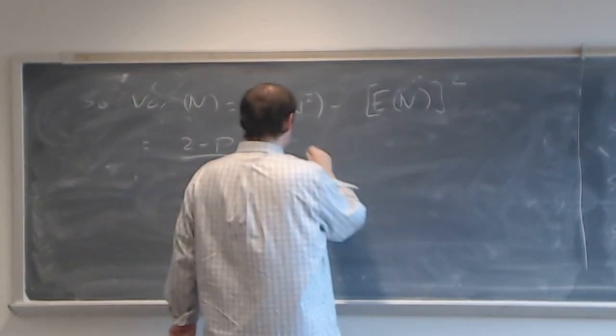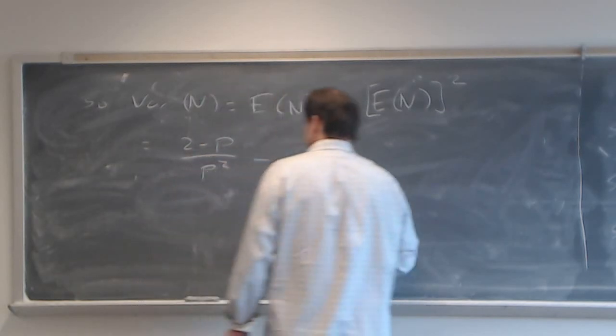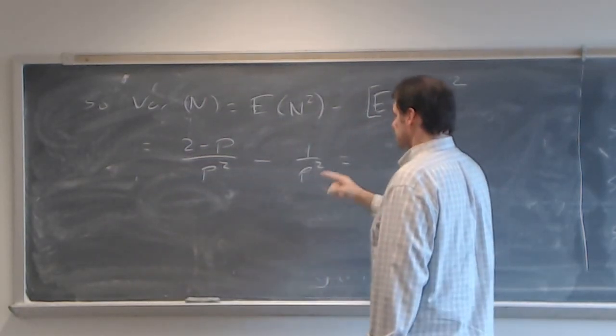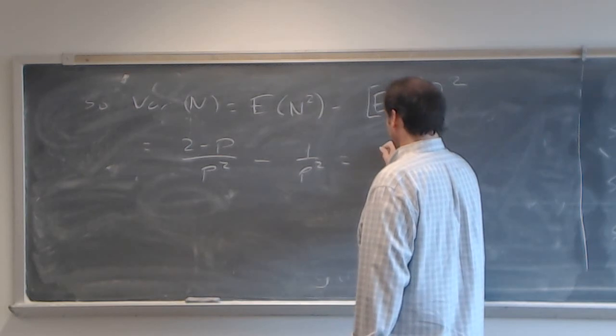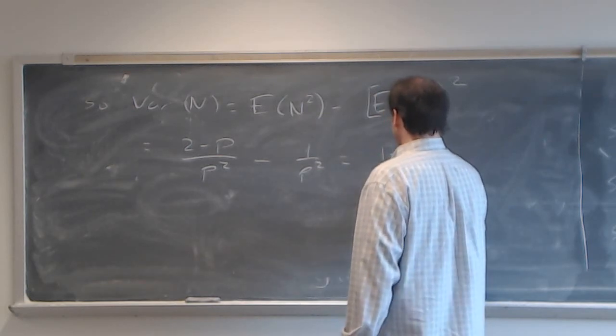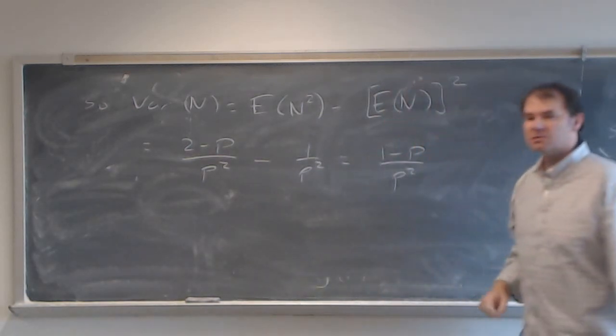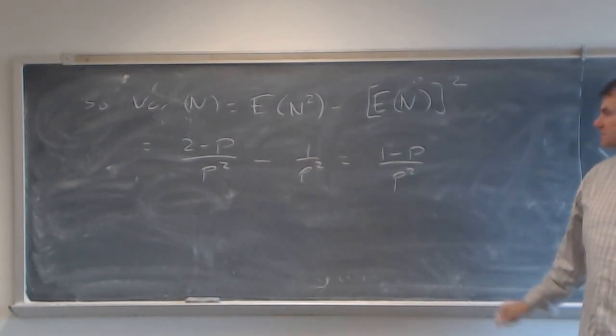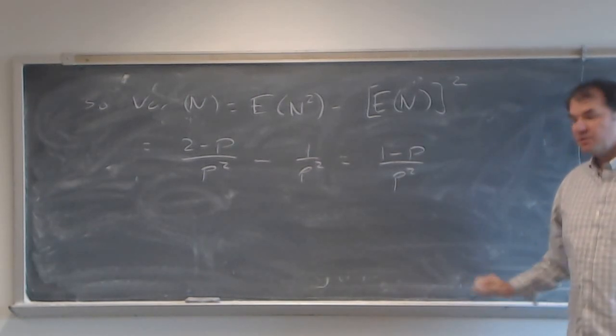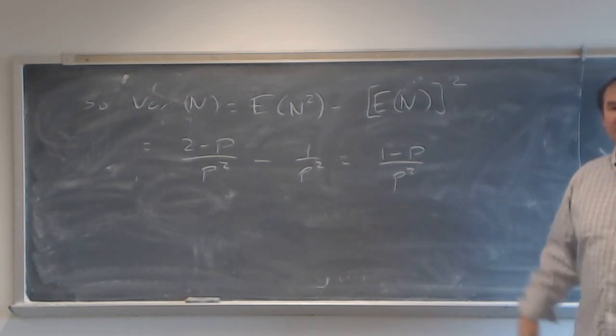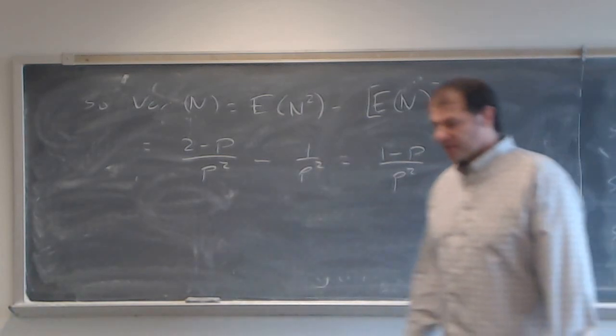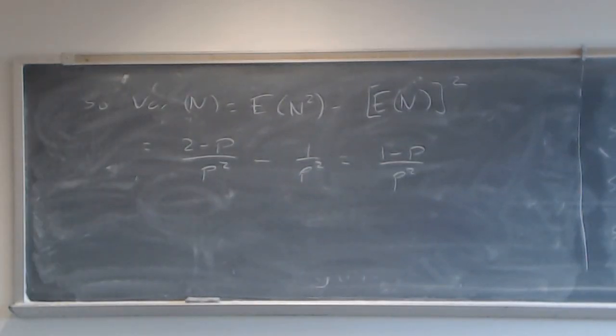We found this earlier, 1 over p squared. So the 2 minus 1, that's just 1 minus p over p squared. And that is what the variance for a geometric random variable is equal to. 1 minus p over p squared. Thank you very much. That's enough for this video lecture.